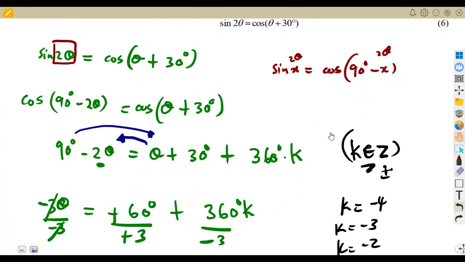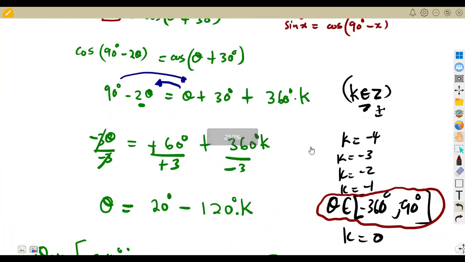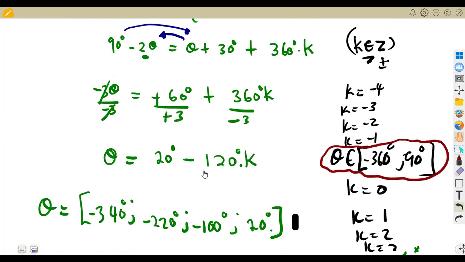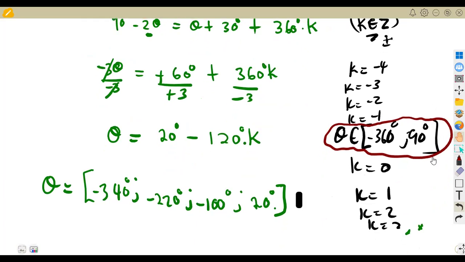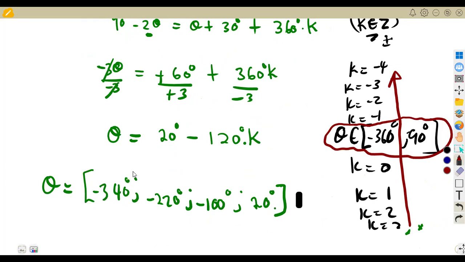Know each and every part properly. You need to first find the general solution with the information that you're given. From that general solution, you now substitute the integers. Substitute the values. I don't know which way you are going to take them, but these must be within the interval that you're given.